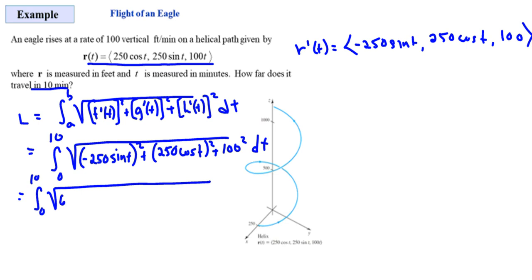Okay, so we're going to have 62,500 sine squared plus 62,500 cosine squared.